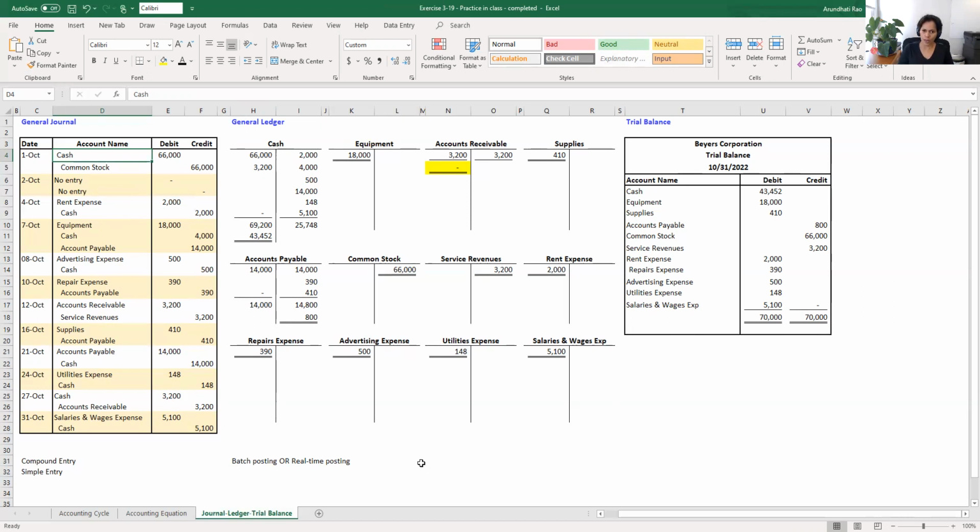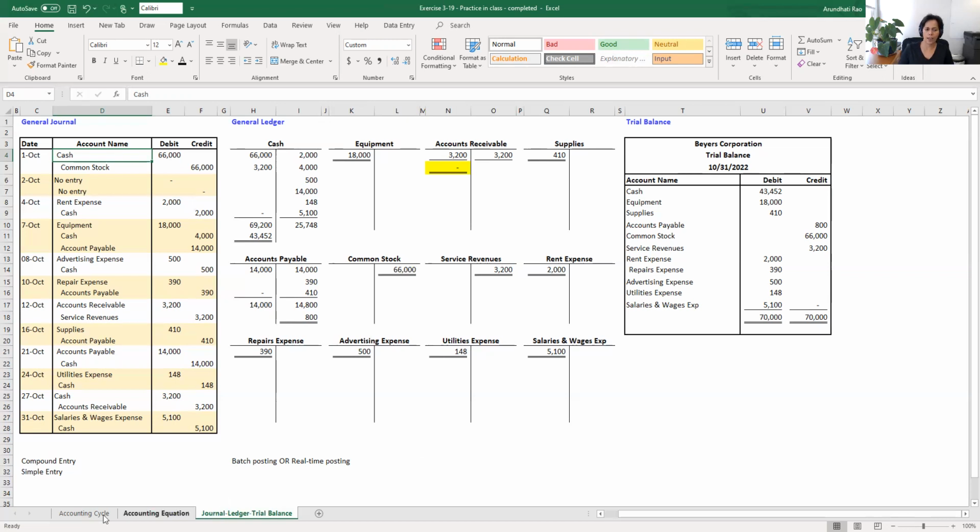Depending on the volume of transactions, most companies would prefer batch posting because they don't want to get slowed down by doing 2 or 3 steps of the accounting cycle when they can wait and do it later, unless it's really important. So for us right now, you just need to understand the concept of batch posting and real-time posting. For the most part, you're always going to be doing batch posting in this class.